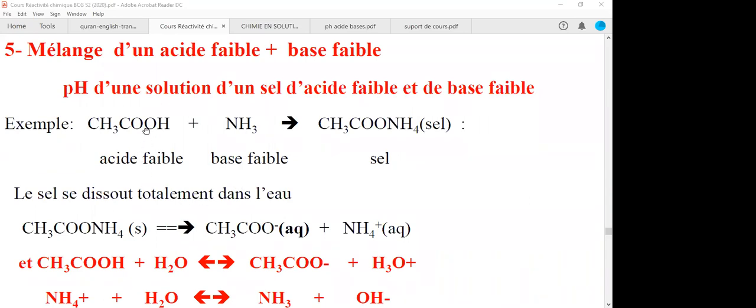This is the weak acid, plus this weak base. Together they will form this salt. Let's say it dissolves totally in water. When we put this salt in water, it dissociates, forming this base conjugate and this NH4 plus.